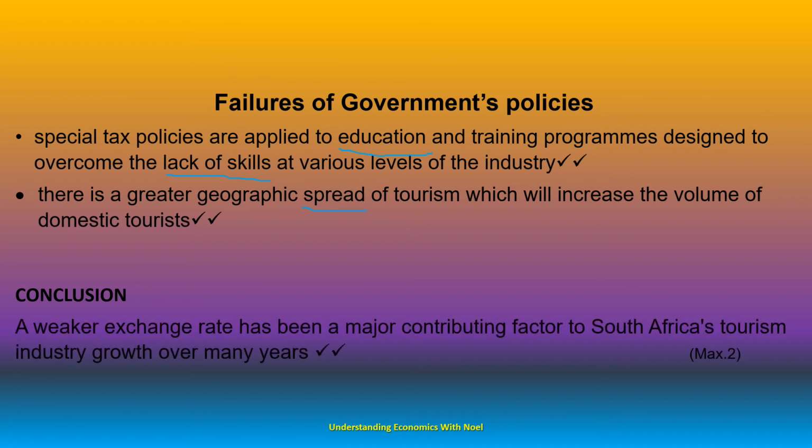A weaker exchange rate has been a major contributing factor of South African tourism growth over the many years. So if we realize that, let's say $1 is equivalent to 14 rand, they don't come.